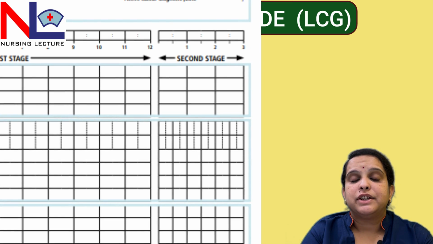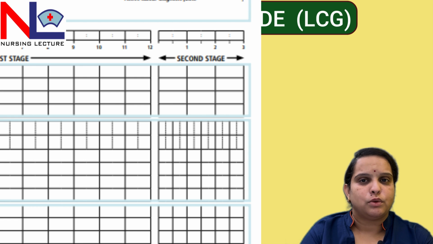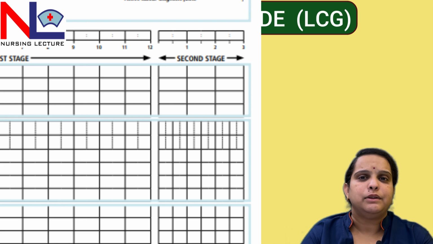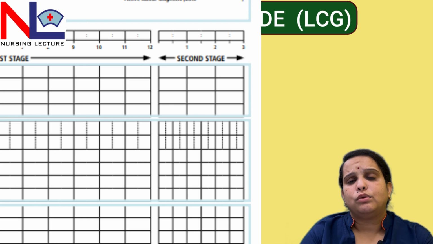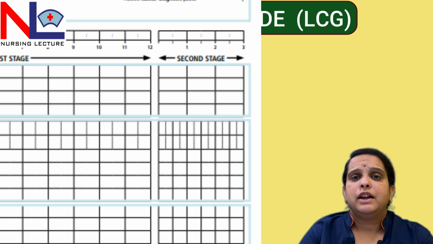In the time section you can monitor that the first stage plotting is given as 12, because in a primary gravida the first stage lasts for 12 hours, and here the second stage hours are showing around 2 to 3 hours. It means the second stage should not go beyond 3 hours, so you have to plot within this time limit only.